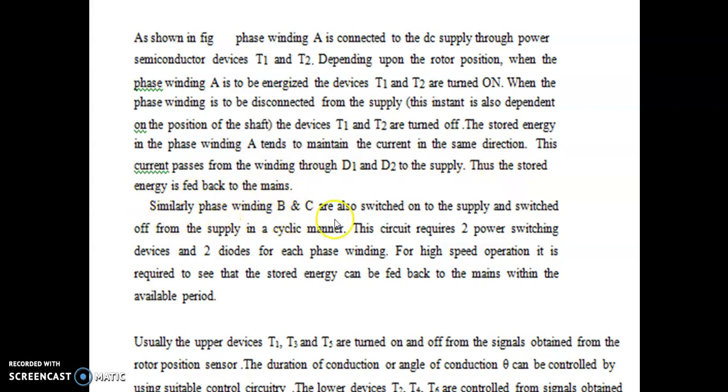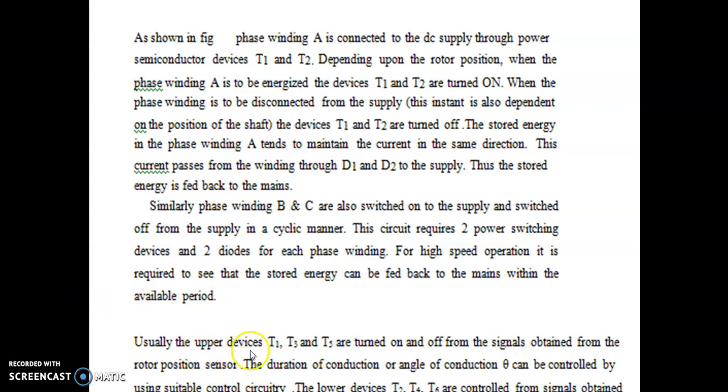Similarly, the phase windings B and C are also switched on to the supply and switched off from the supply in a cyclic manner. This circuit requires 2 power semiconductor devices and 2 diodes for each phase winding. For high-speed operation, it is required that the stored energy can be fed back to the mains within the available period.